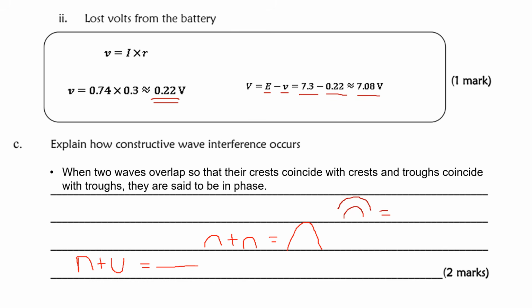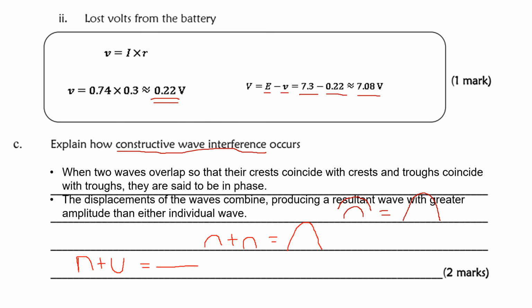The result is going to be a wave that has a bigger amplitude, like this. All right, so these two waves are said to be in phase. When they are in phase like this, their effect is construction of a bigger wave. That's why they're called constructive wave interference.